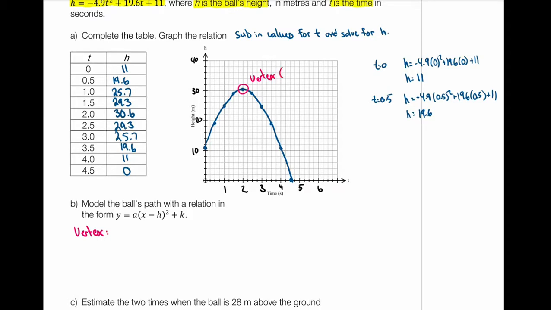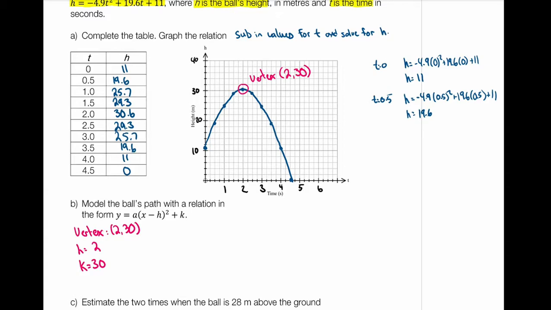My vertex in this case is 2 and, we'll say, 30. We'll just make it nice and even. So with my vertex being 2 and 30, I know that my h value equals 2 and my k value equals 30, just from remembering what vertex form tells us.